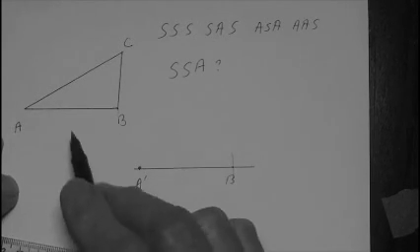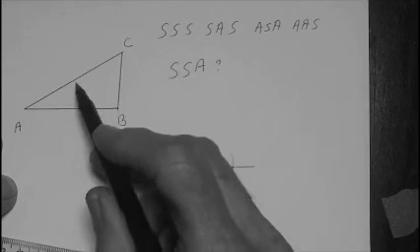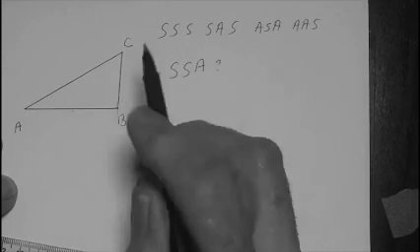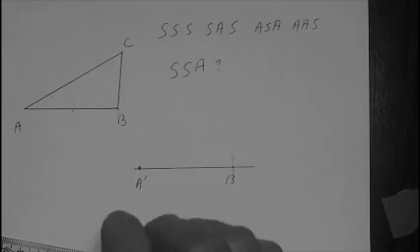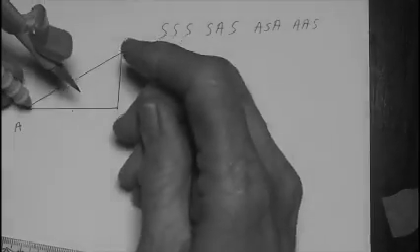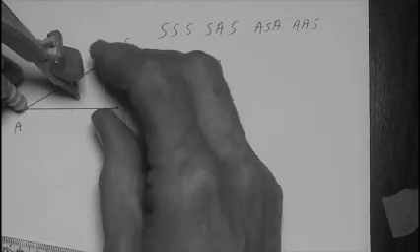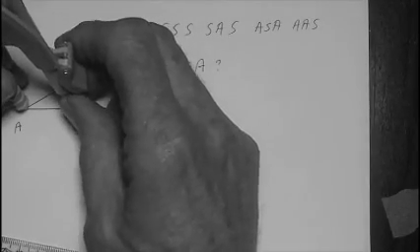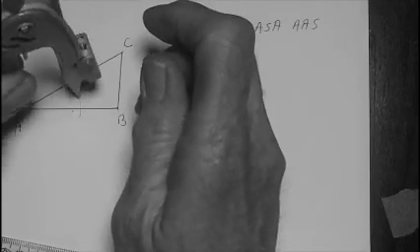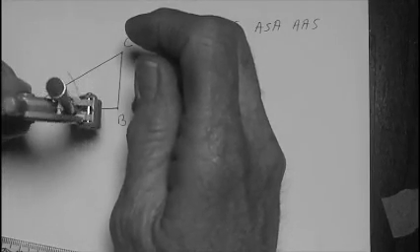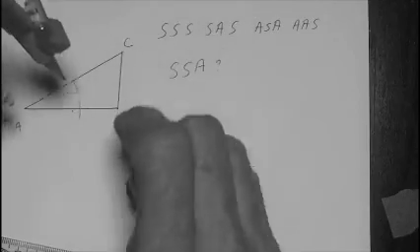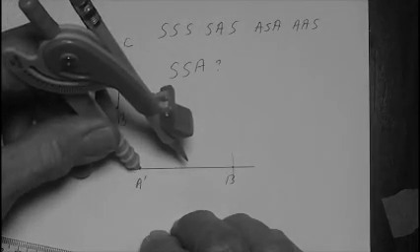And now I want to copy that angle there. And I'll have this angle, this side, and then we'll go to get that side in just a minute. Let's see what happens. We're going to swing the arc across the angle. Remember, the central angle and the arc have the same measure. And here we go.